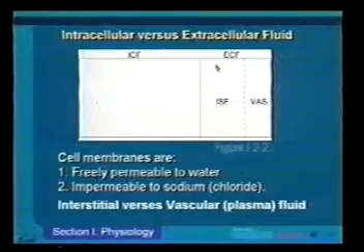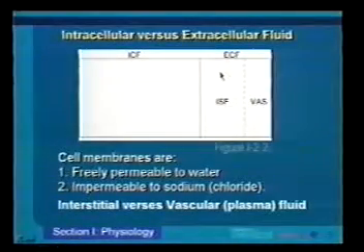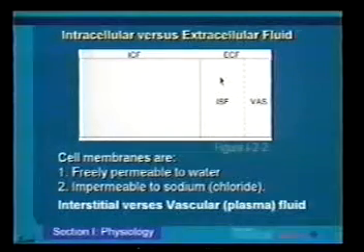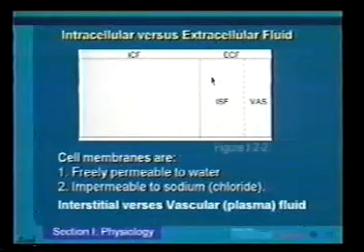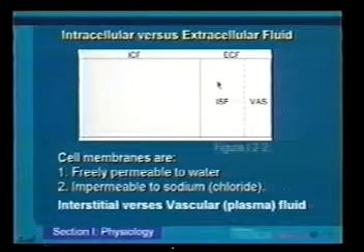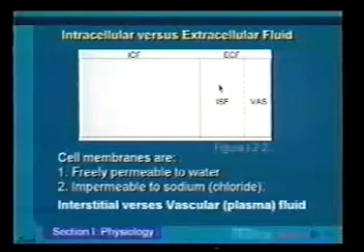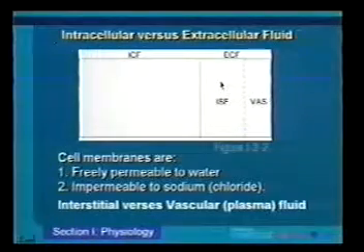So if you're considering water movement across a membrane, then you are only considering the effective osmolarity in the two compartments. And the effective osmolarity is only determined by dissolved substances that cannot penetrate the membrane you're considering.